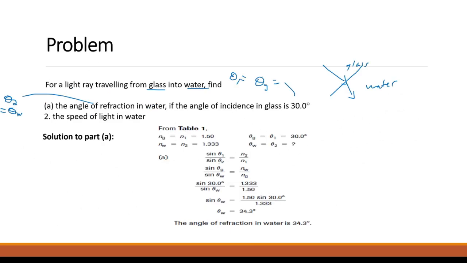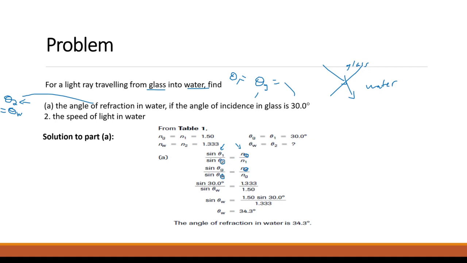And so we just simply do Snell's law with the sine thetas and the indices. We said that our theta 1 is the theta of glass and the n of glass. And we said theta 2 is going to be our water one. So where we see a 2, you make it the water, same here.